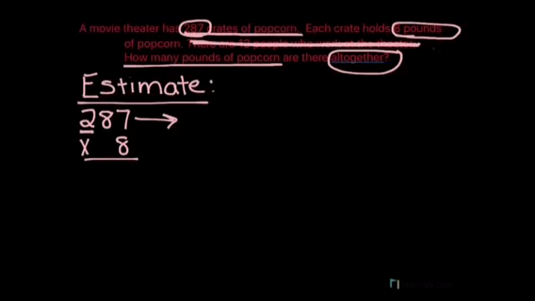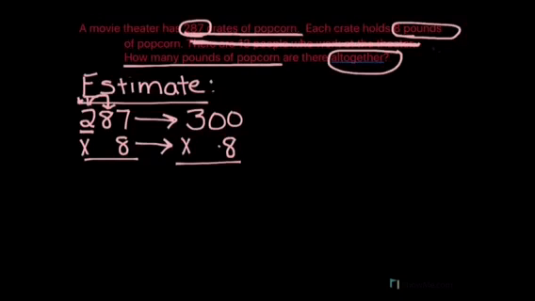So I look to the right, it's an 8, 5 or bigger, I add 1. So 287 is closer to 300. Then I'm just going to leave the 8 because it's just 1 digit in the ones place.